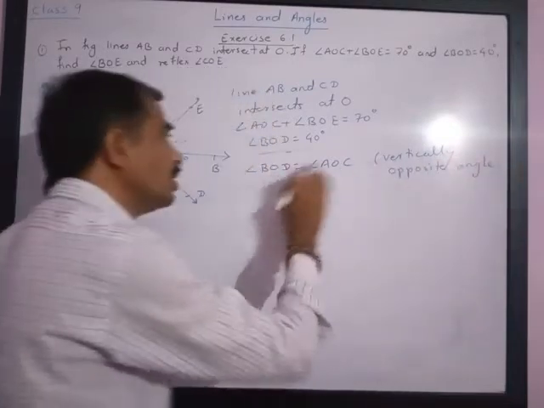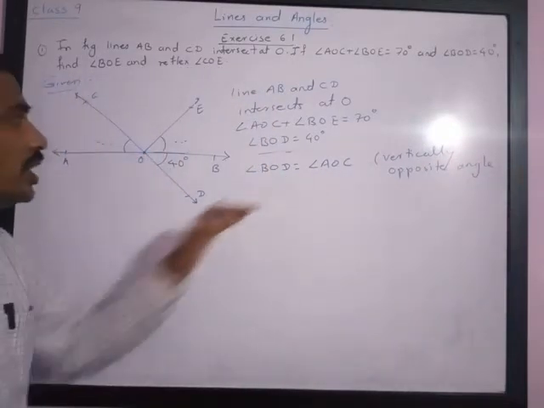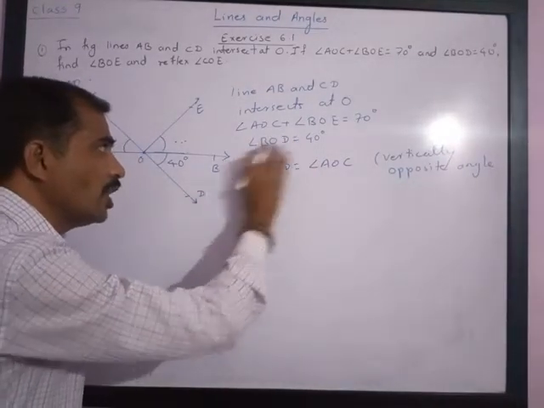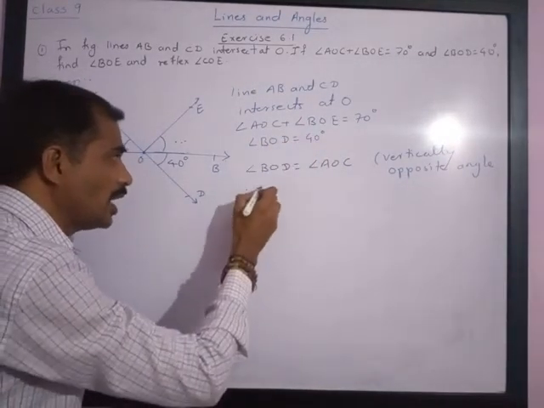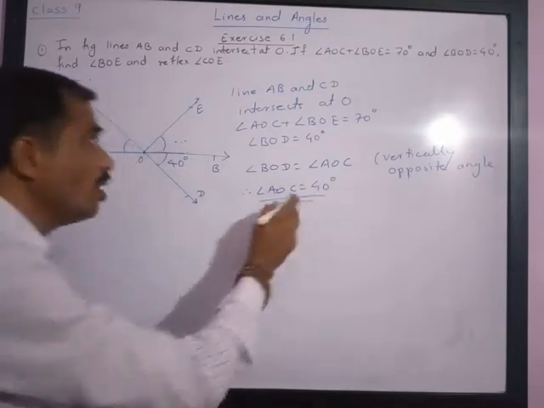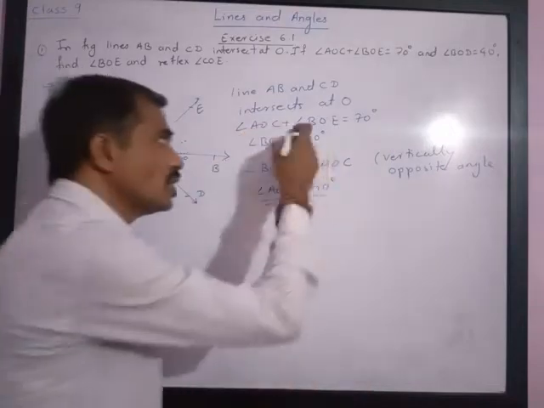And we know that the measures of vertically opposite angles are equal. Therefore, since angle BOD is 40 degrees, angle AOC is also 40 degrees. Now put this in equation number 1.